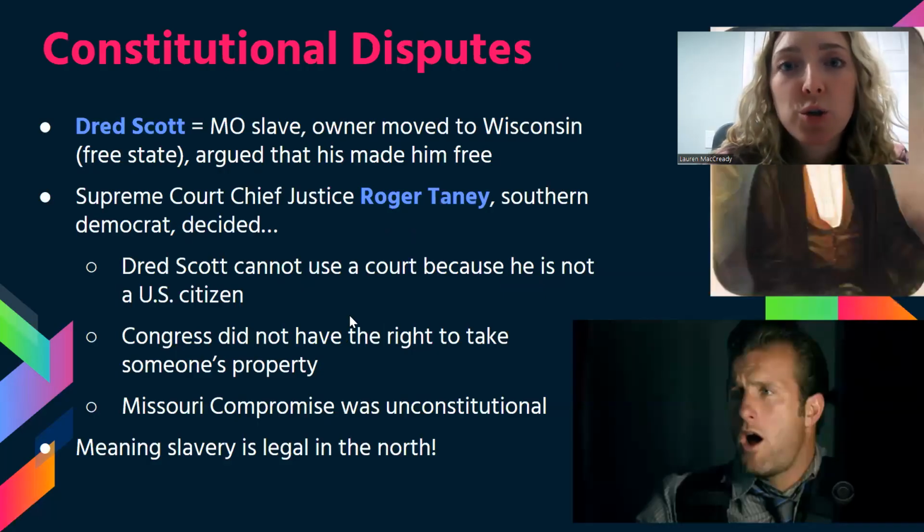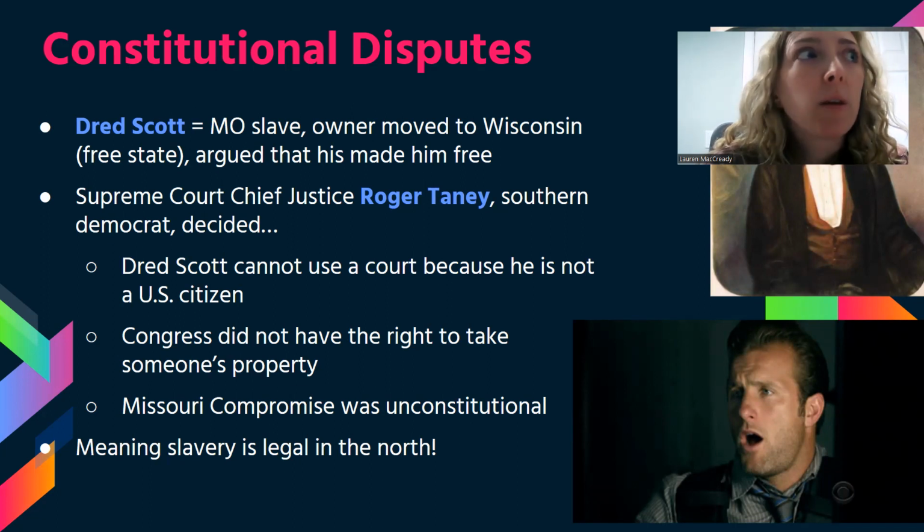Now some more constitutional disputes. The Dred Scott case. Dred Scott v. Sanford is another one of those times, kind of like with the Fugitive Slave Law, that it determines if once a slave, always a slave. However, while the Fugitive Slave Law existed, it wasn't as challenged or as formally declared as Dred Scott did.